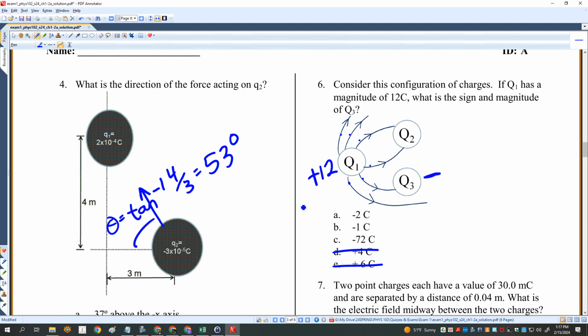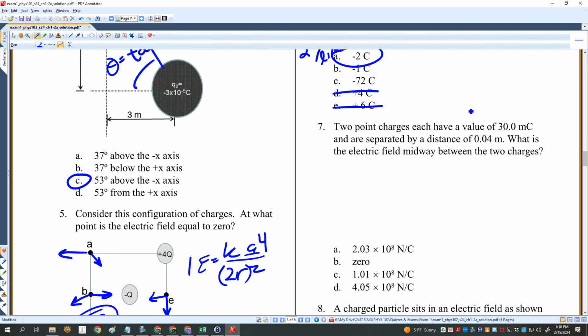So I like to think of it as like 2 coulombs per line. And then I only have one line here, so that means it must be negative 2 coulombs. Because my charges have to have a 6-to-1 ratio because I have 6 lines coming out of Q1 and 1 line going into Q3. By the way, this Q2 would be negative 4 coulombs, if you're curious about that.